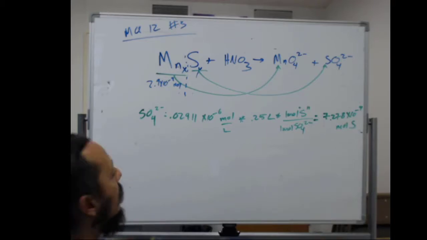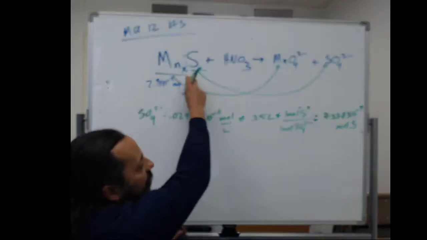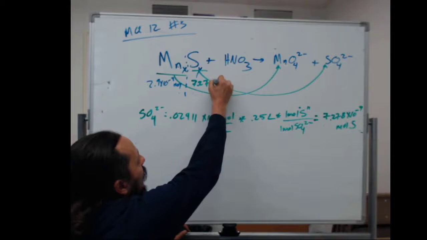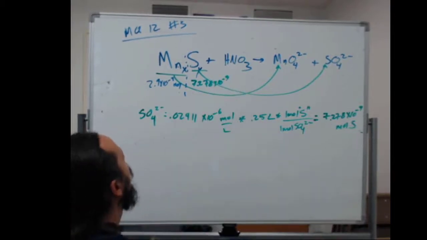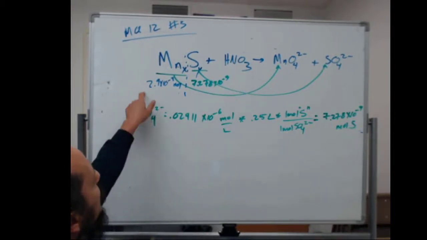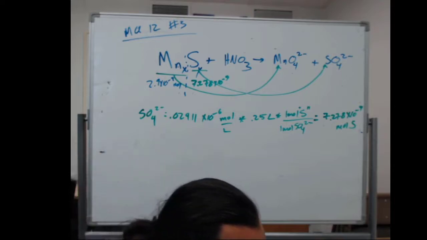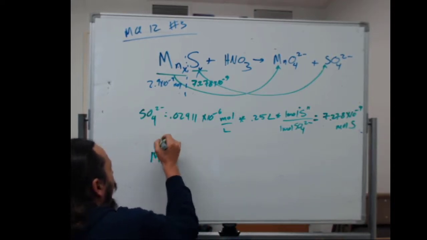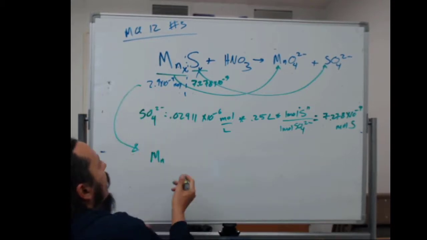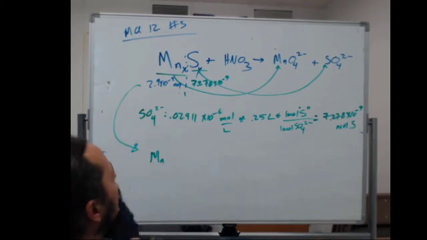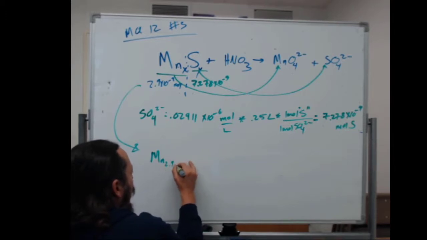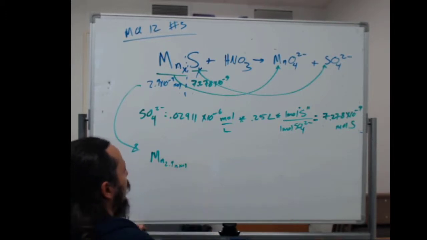Yeah. So this sulfur is going to be 7.278 times 10 to the minus 9. 2.9 is the smaller of those. So I'm going to go ahead and divide. And you notice the times 10 to the minus 9 is the same, so I'm just going to call this 2.9 nanomoles.